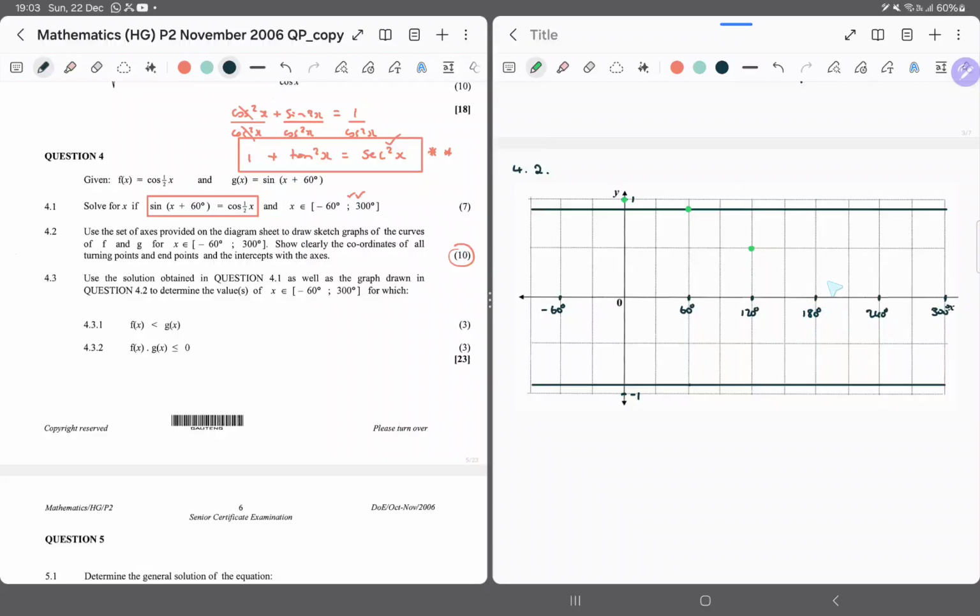And then half of 180 is 90. Cos of 90 is 0. So can you see it's very easy? 240 is nothing but 180 plus 60. So this is in the third quadrant, so this is more like cos of 60 there.